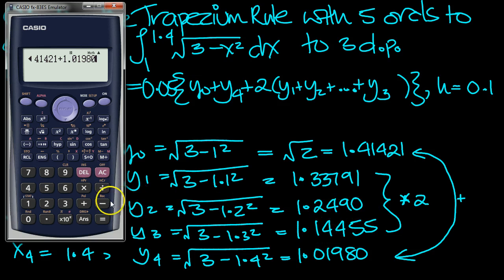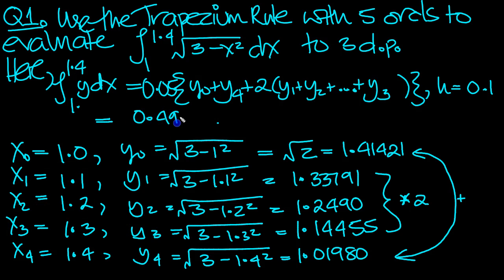That's those two added, plus 2 times bracket, and these three added together, isn't it? 2 times y1, y2, y3: 1.33791 plus 1.24900 plus 1.14455. Close that bracket for the 2 times, close the bracket at the end. To 3dp, that's 0.495, and that was the 3 decimal places.